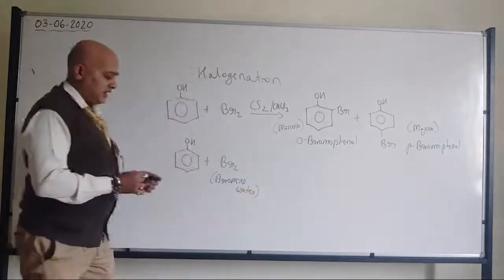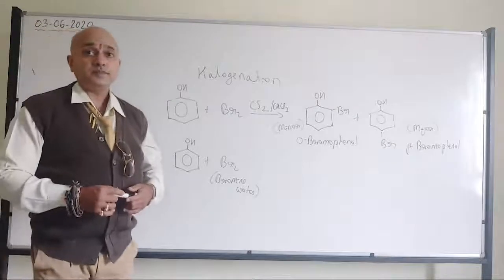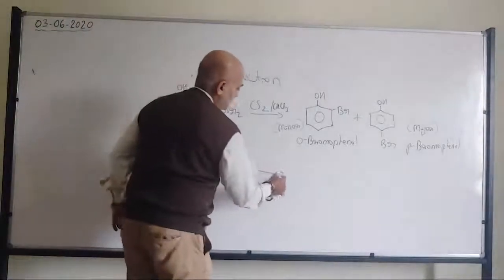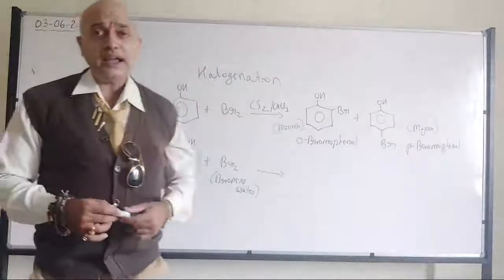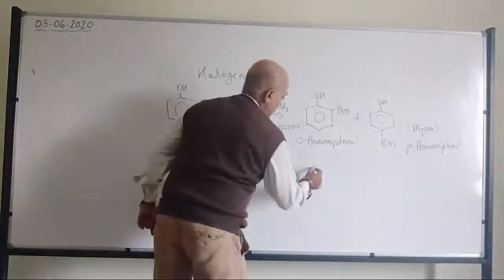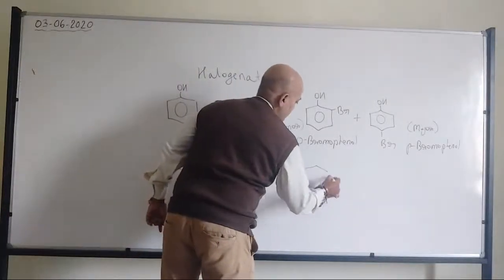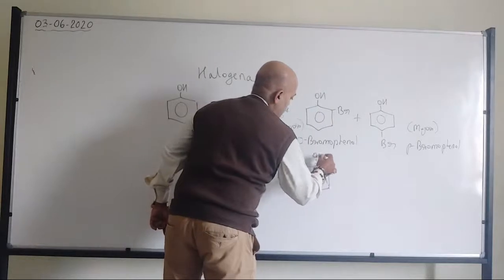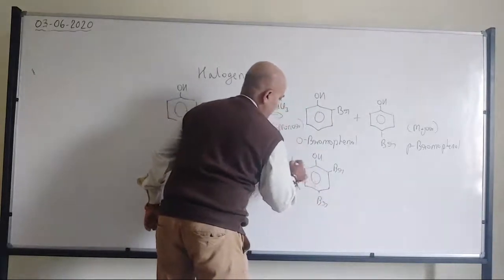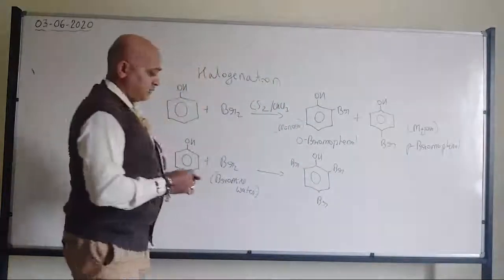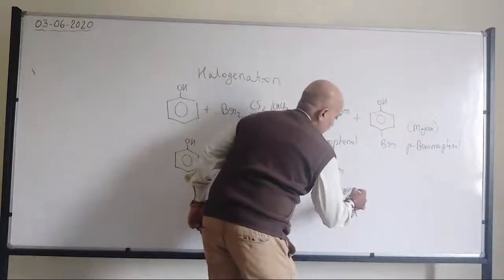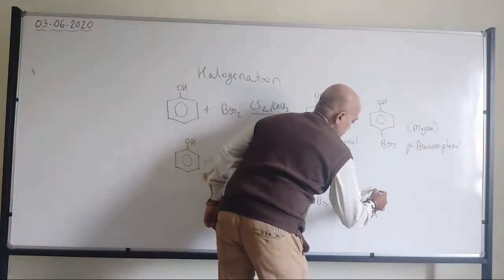Now, in the presence of bromine water, we are going to get a tri-substituted product, just like picric acid. So we are going to get OH with bromine, bromine and bromine. Tribromophenol.